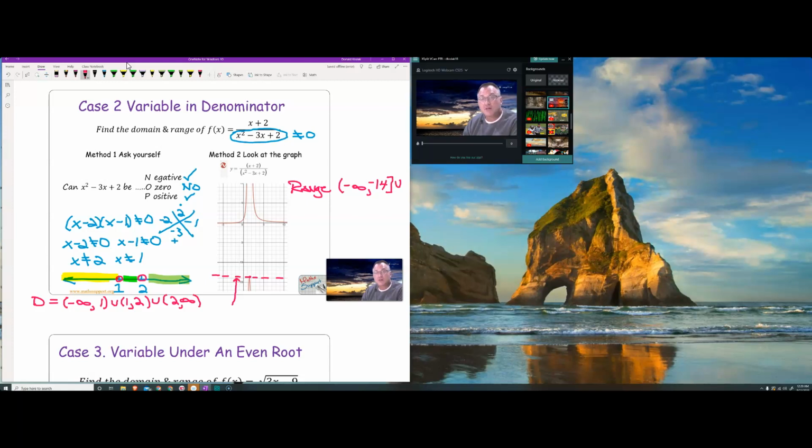Or here the x-axis is our horizontal asymptote again. So that's going to be from 0, and then it goes up and up and up to infinity. So I would write or 0 with the parentheses because it's not included, to infinity.